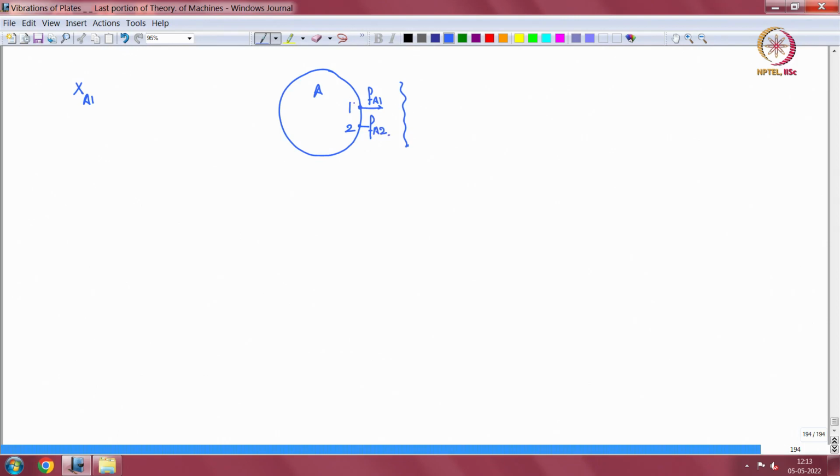What is the response here due to these two forces? Similarly, there is a response at the other point due to these two forces.